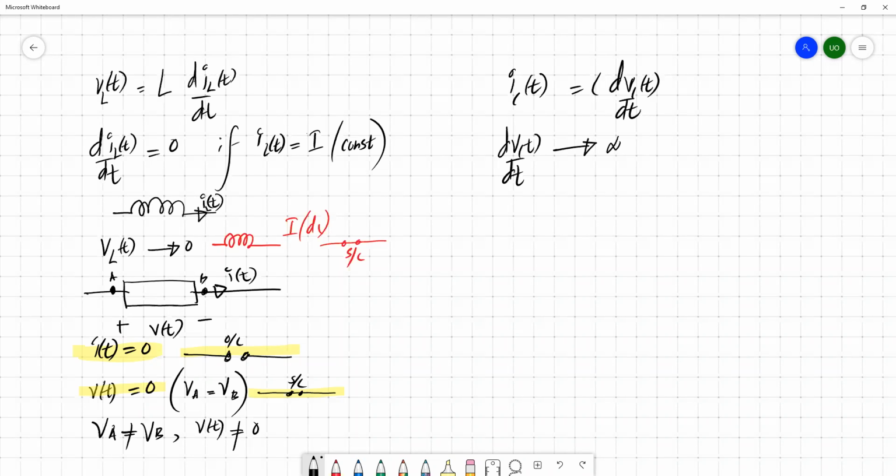So the derivative means the gradient of the function. In the practical sense, the derivative would be the gradient of the function. If it is like this, so this is your function V(t). This derivative is basically the gradient of this function.